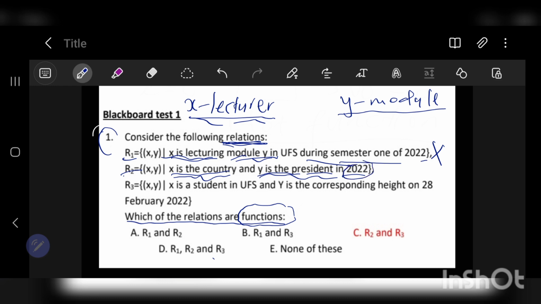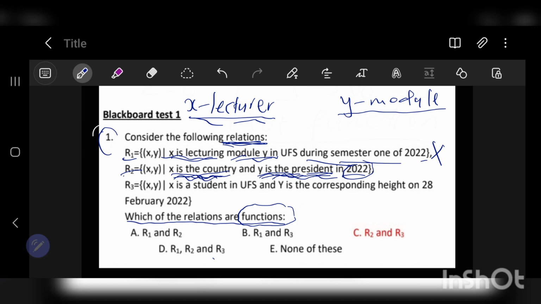We are specifically talking about that one country at a point in time, one country can only have one president. You don't have a situation whereby a country can have multiple presidents. It won't happen. It's impossible.